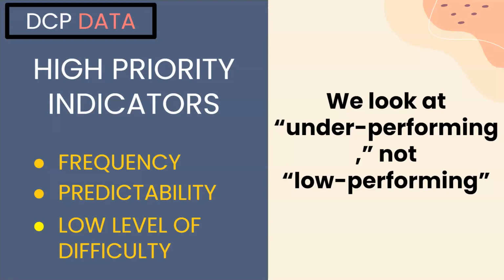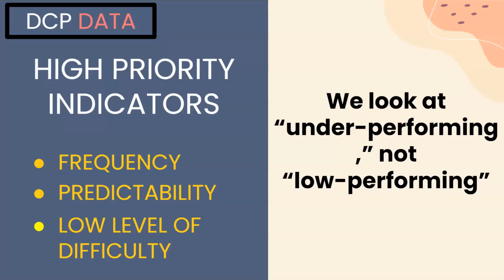So let's say there's another TEK like 3.4b, the rounding with addition and subtraction, and let's say that typically on STAR, the state is at 40% and the district is at 38%. And this DCP, I was at 35%.